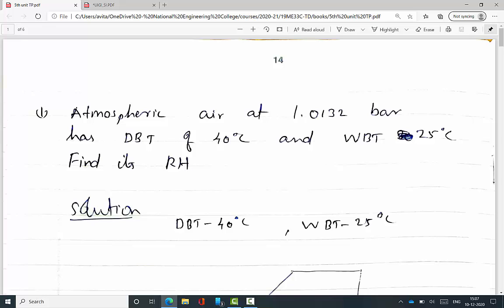At that instant, we need only one data. But to locate any point in the space region, we need two data. It is mandatory. Therefore, in this problem they are giving two data: one is dry bulb temperature, another one is wet bulb temperature. What is the relative humidity at that particular point? That is the question.